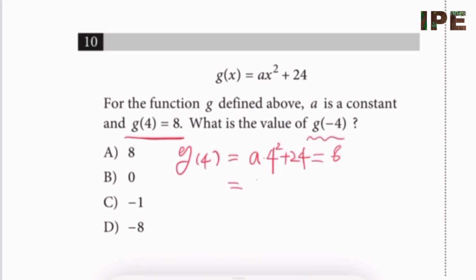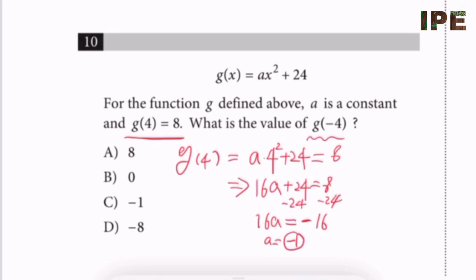So 16a plus 24 is equal to 8. So subtract 24 from both sides. So 16a is equal to negative 16. So what is a? a is negative 1.